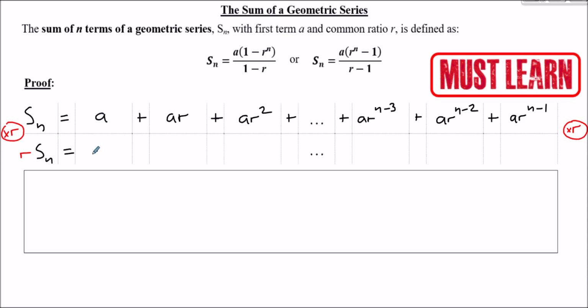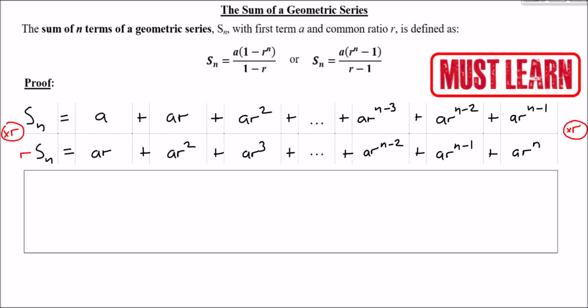So a times r is ar. ar multiplied by another r is ar squared. ar squared multiplied by another r is ar cubed. And so on and so on. Here, ar to the n minus 3 multiplied by an extra r will give us ar to the power n minus 2. Similarly, over here, we're going to have ar to the n minus 1. And finally, we're going to end up with ar to the power n. So that's how I go from the first row to the next.